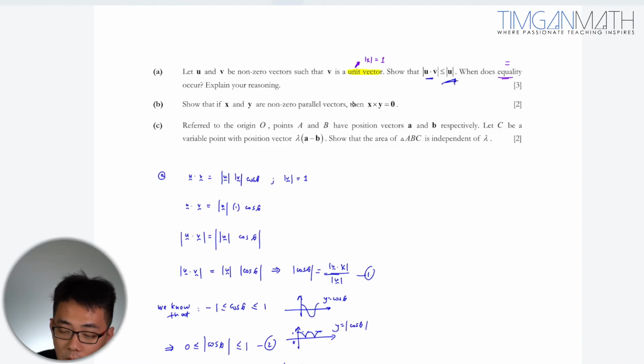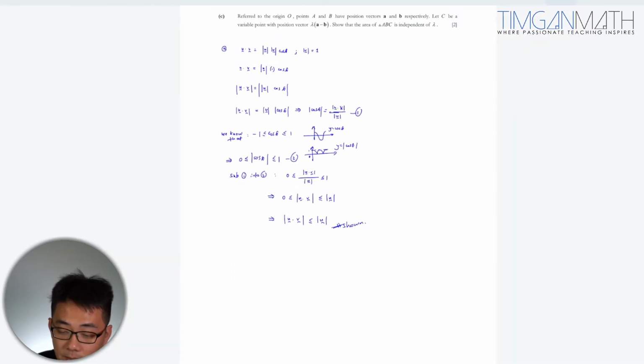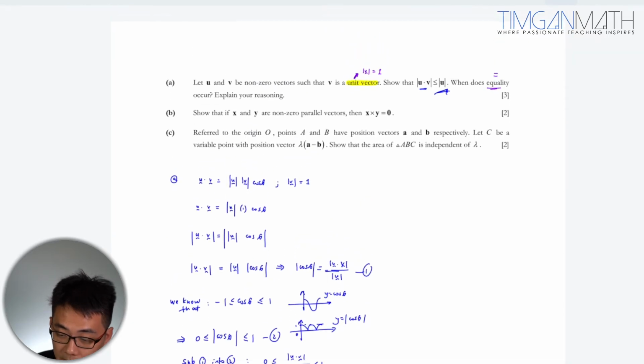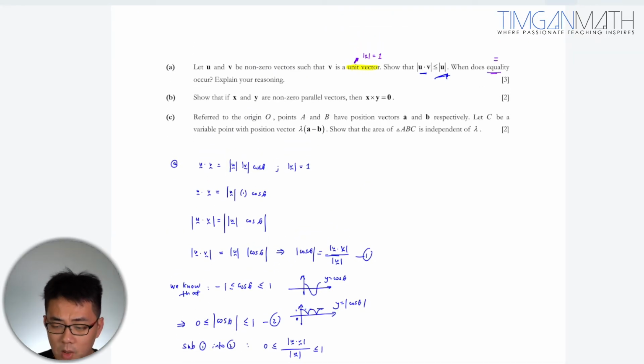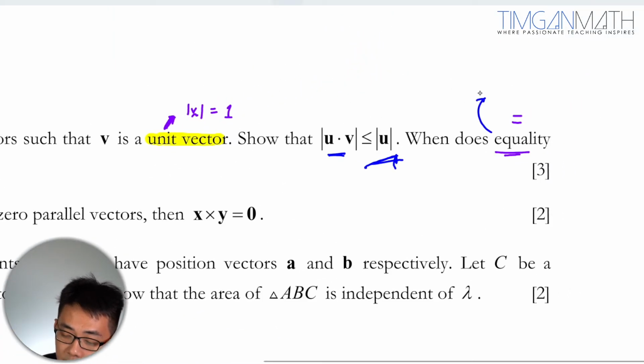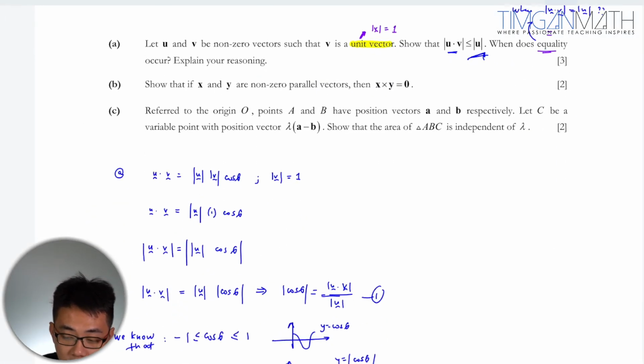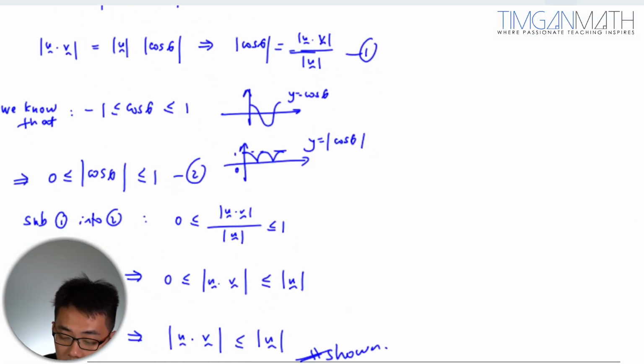So when does the equality happen? Meaning, when does modulus of u dot v equal modulus u happen? We're just going to look at the formula there.